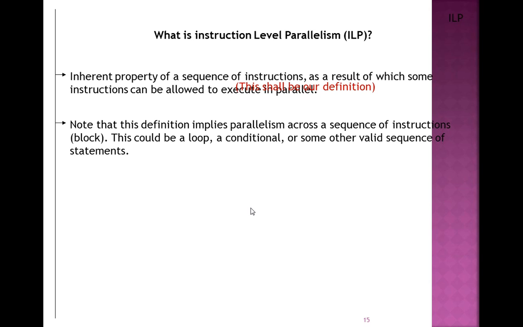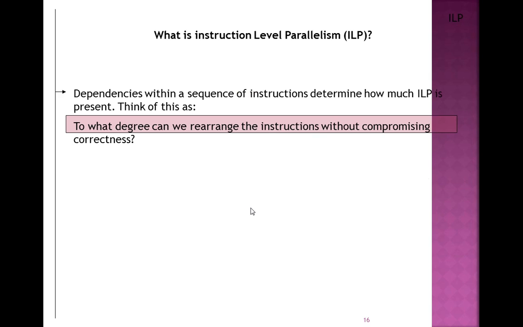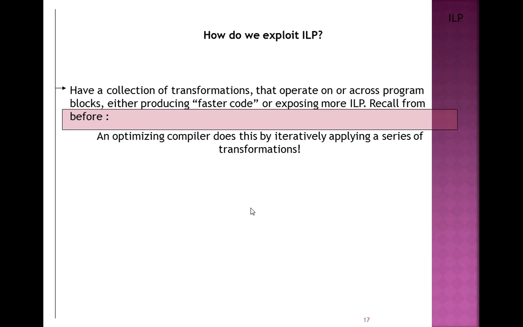Note that the definition implies parallelism across a sequence of instructions, that is in blocks, that can be used for conditional operations. We have discussed the multiple branches. Then how one instruction depends on another instruction, that is your dependency. Hence, improve the performance by exploiting the ILP.